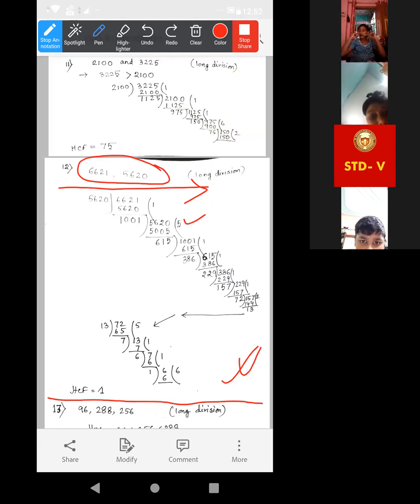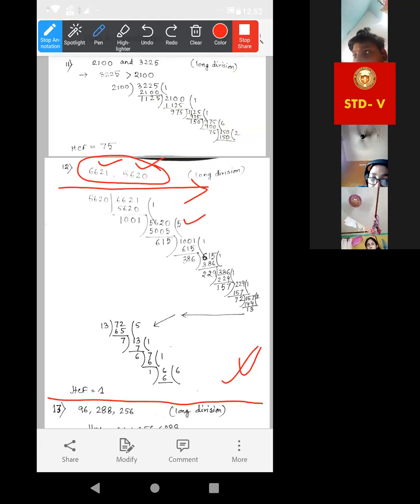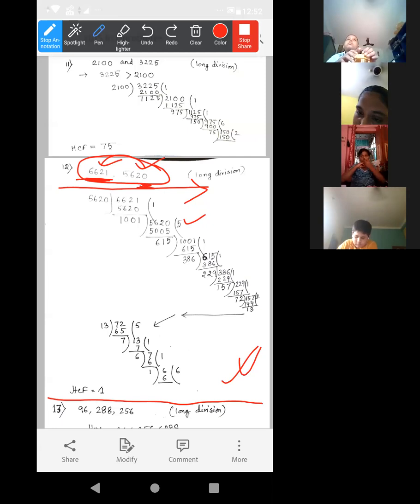These are not individually prime numbers, this one is also not a prime number, but these 2 are co-prime numbers. Why?